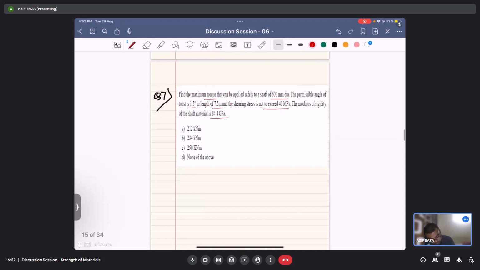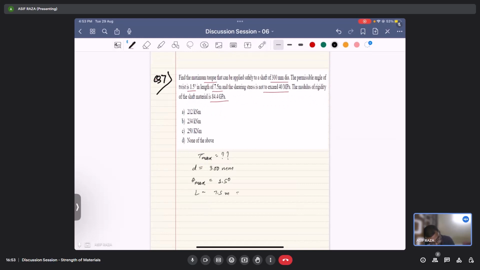According to the given question, with the diameter 100 mm, permissible angle of twist theta max is 1.5 degree, length is 7.5 meter, that is in mm, theta allowable I would say 1.5, tau allowable as 40 megapascal.